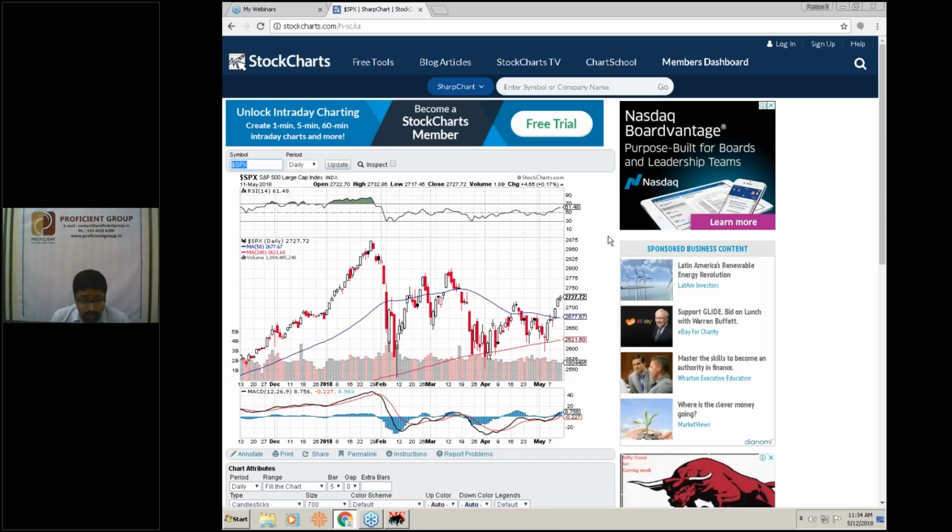But one thing is for sure, that this index has not broken its 200-day moving average convincingly, although there was a minor breaking on first week of April, as you can see from this chart. But on the following week it actually recovered, and it has taken the support from 200 DMA many a times, and right now it is again going above both the 200 and the 50-day moving averages.